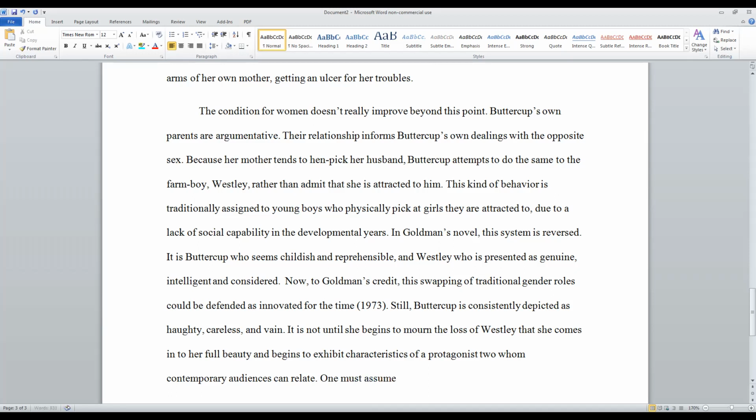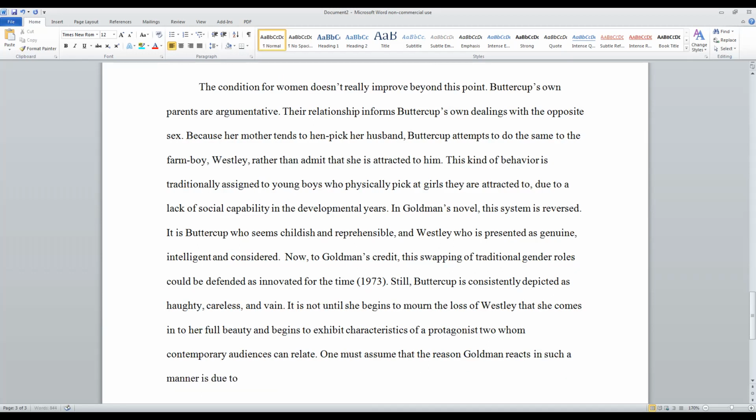One must assume that the reason Goldman reacts in such a manner is due to his disdain for women and the roles they play in dynamic relationships.